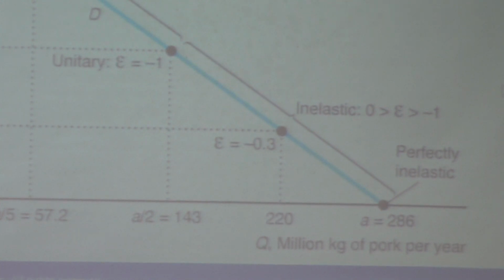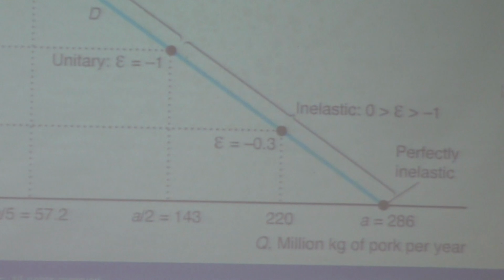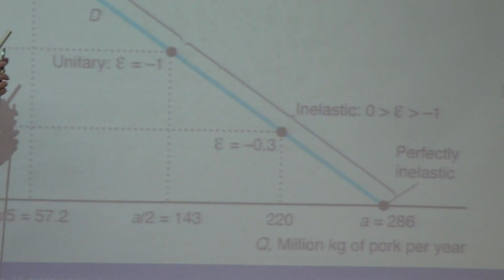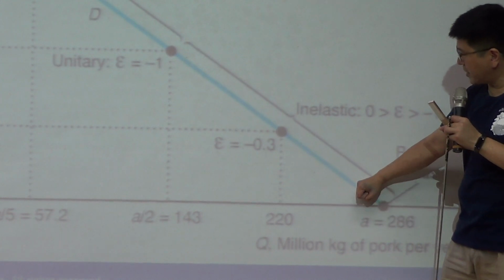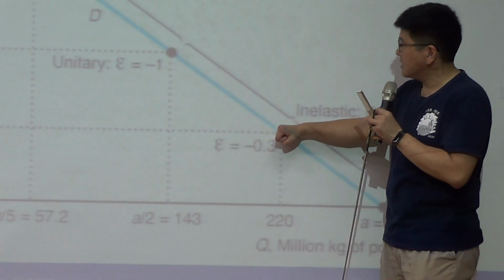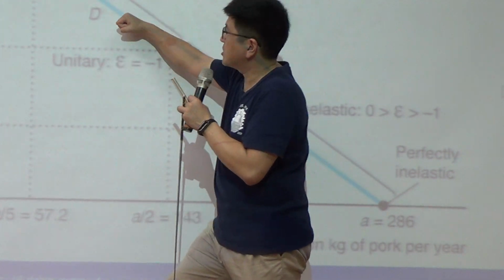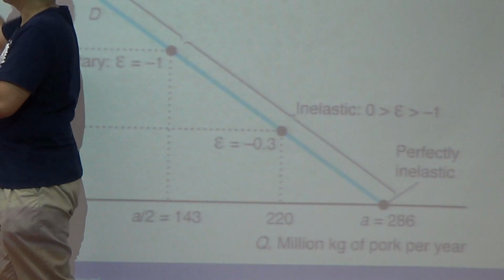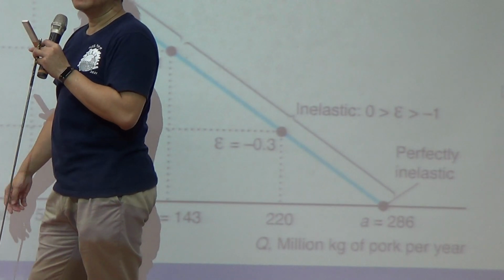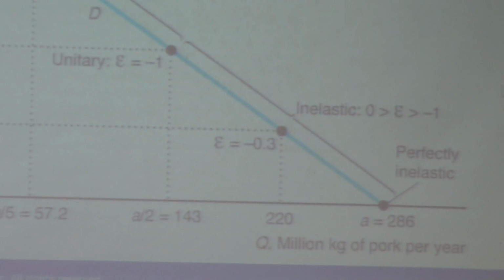So the elasticity would be 0. Okay? So the absolute value of the elasticity would range from 0, 0.1, 0.2, 0.3, 0.5, 0.6, up to 1, and then 1.1, 1.2, 2, 3, 4, 5, 6, to infinity. Okay? From 0 to infinity.